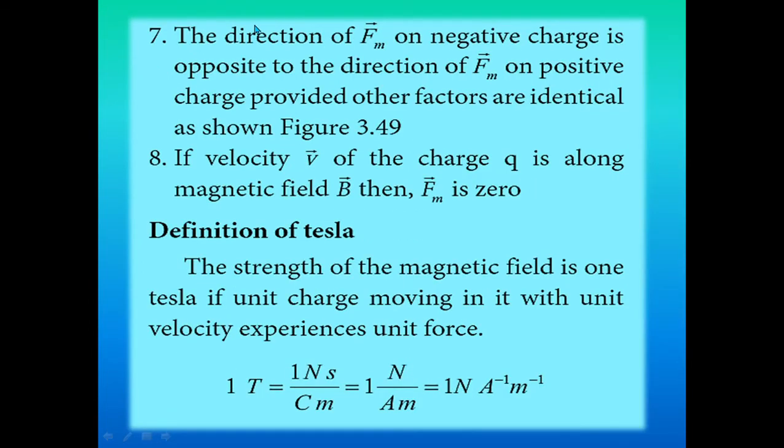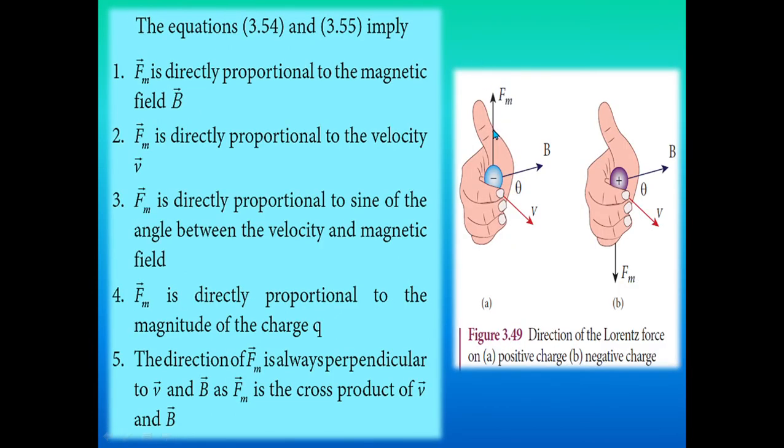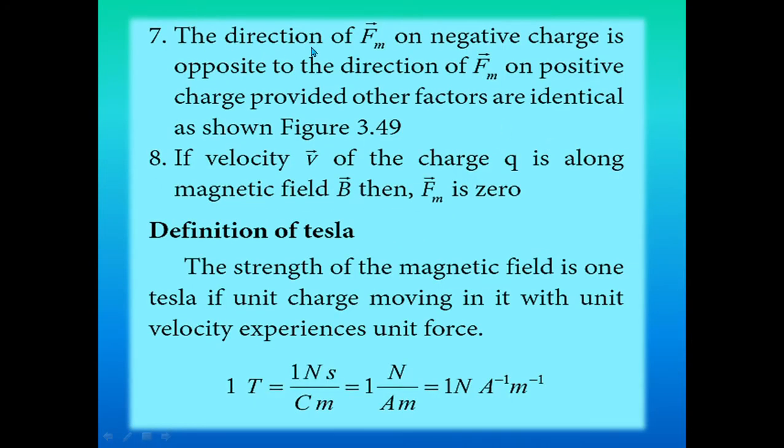Then the seventh point: if a negative charge is passing through the electric and magnetic field, what happens? The direction of Fm vector on a negative charge is opposite to the direction of Fm vector on a positive charge, provided other factors are identical.